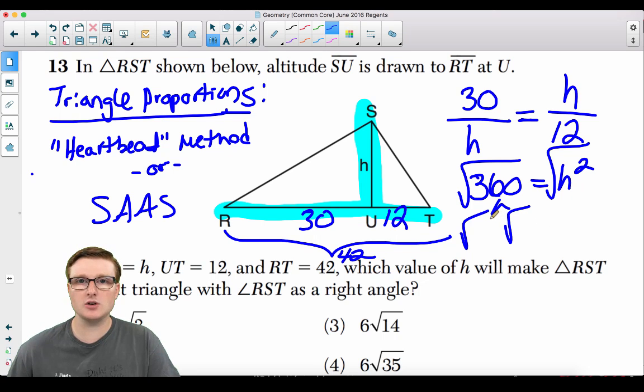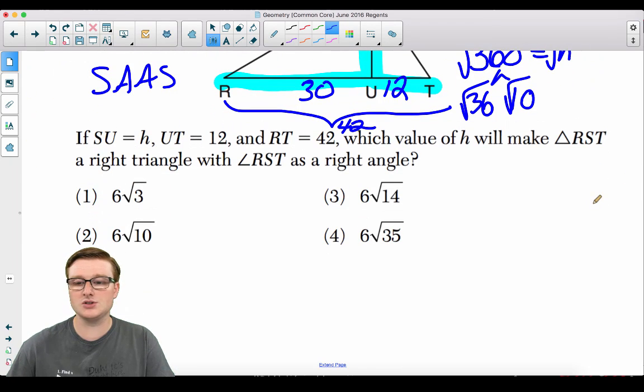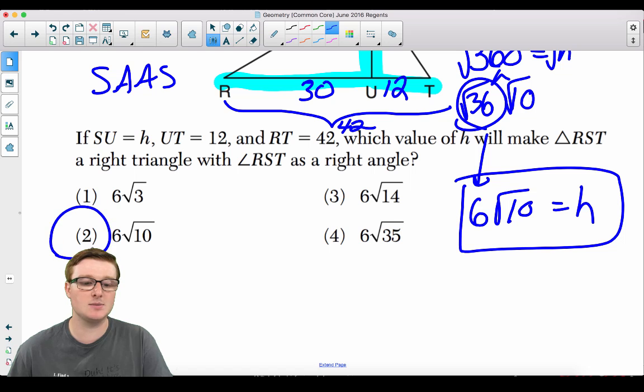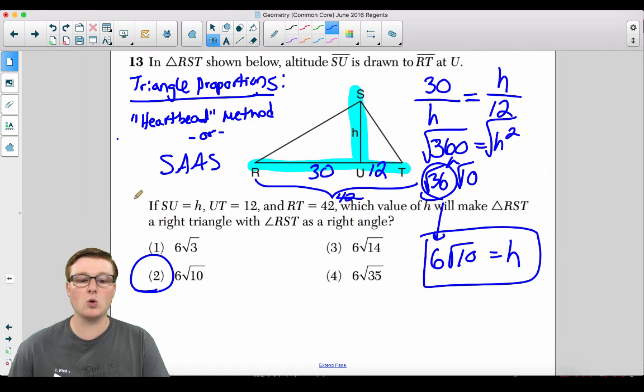The highest perfect square that goes into 360 is 36, and the other number that multiplies with 36 to yield 360 is 10. So when we simplify radicals, radical 36 simplifies to 6, and radical 10 carries along for the ride, and that would be your value of H. That's how you simplify radicals and triangle proportions, and that is choice 2.